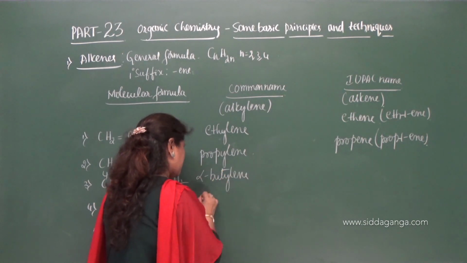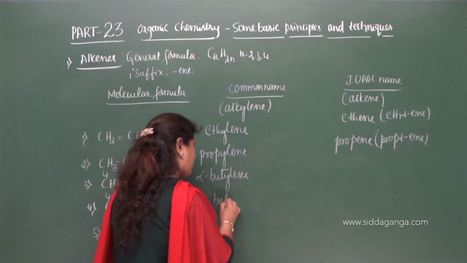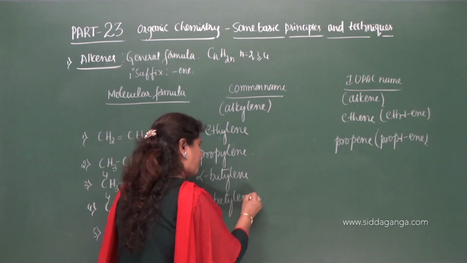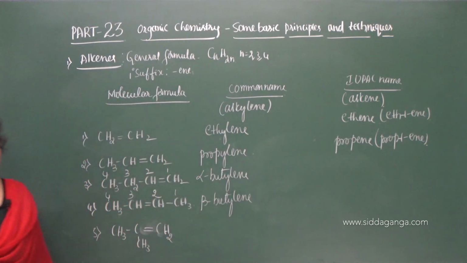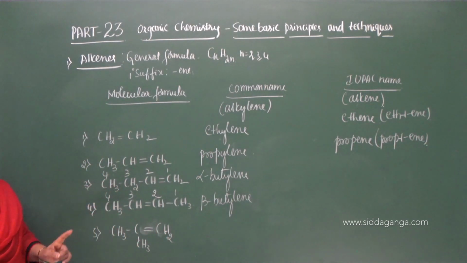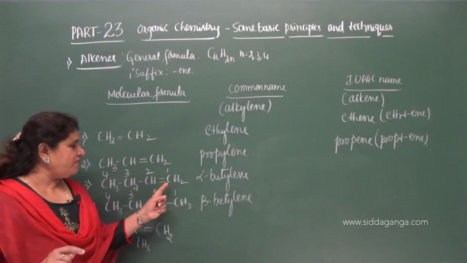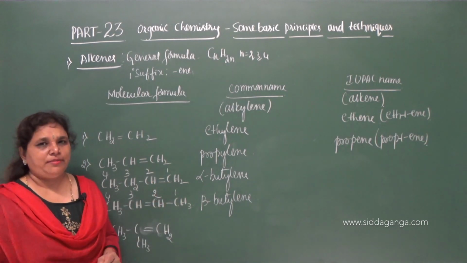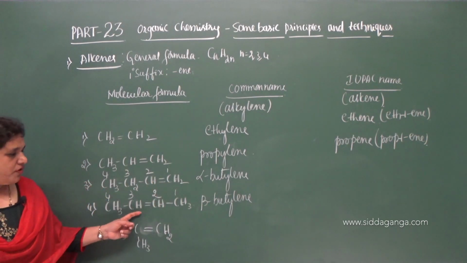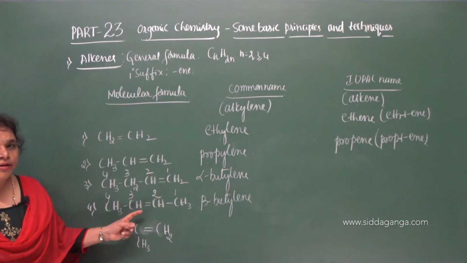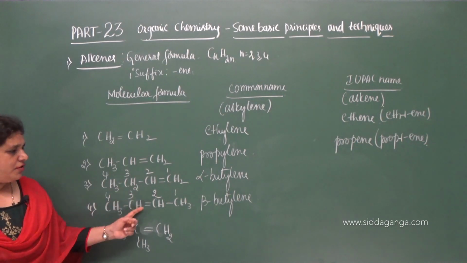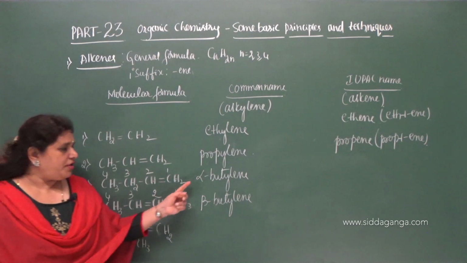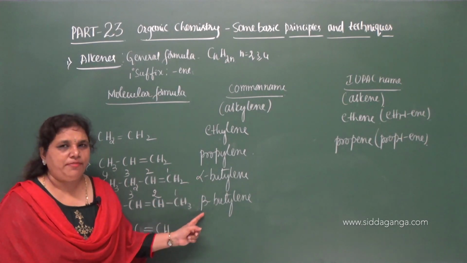To give the position of the double bond, we write alpha butylene and beta butylene. Alpha butylene indicates the double bond is between the first and second carbon at the terminal position, and beta butylene indicates it is at the non-terminal position. Therefore to distinguish these two, we use the Greek letters alpha, beta.